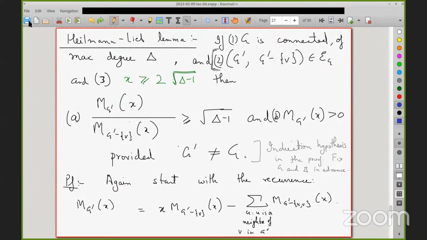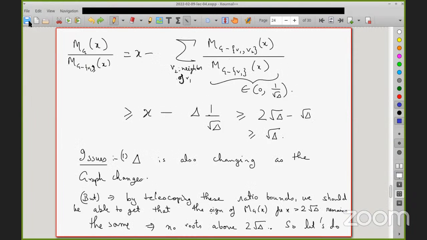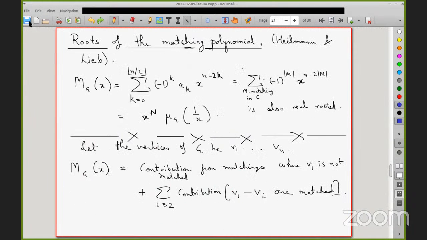This idea of writing down the induction and arguing carefully about roots using interlacing can be used to prove the real rootedness of this polynomial directly, without going through the map thing that we did earlier. That's in fact how Heilmann and Lieb did it. I wanted to do that today, but we couldn't. Next time I'll do it, or you can just read the proof in the Heilmann-Lieb paper.